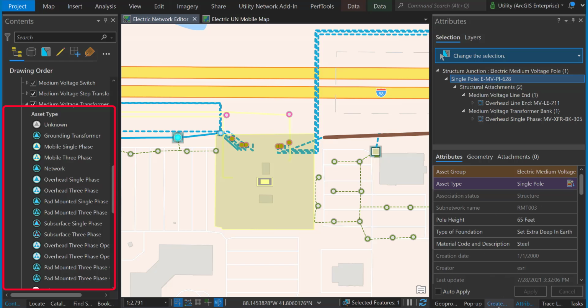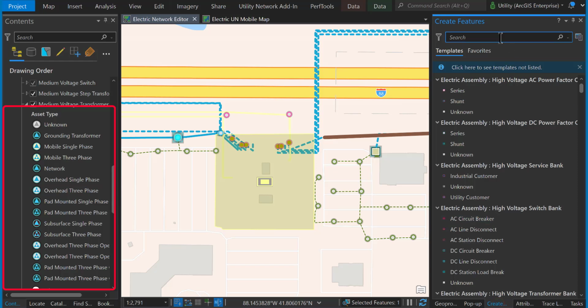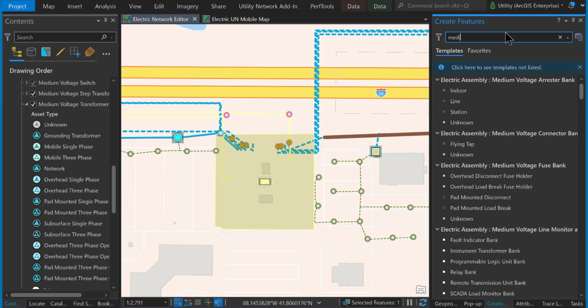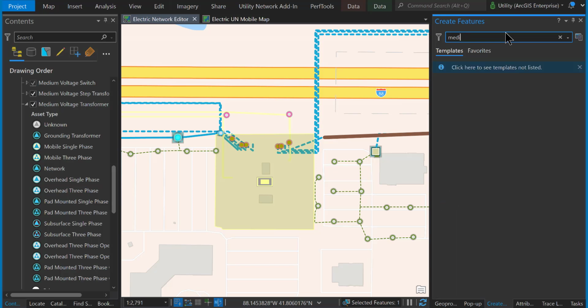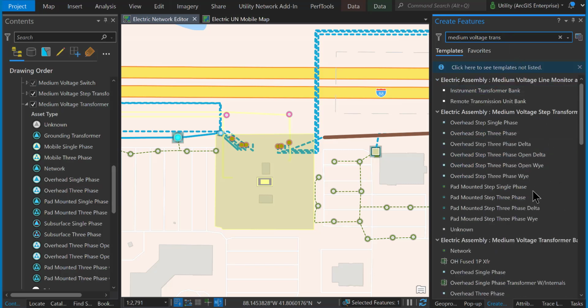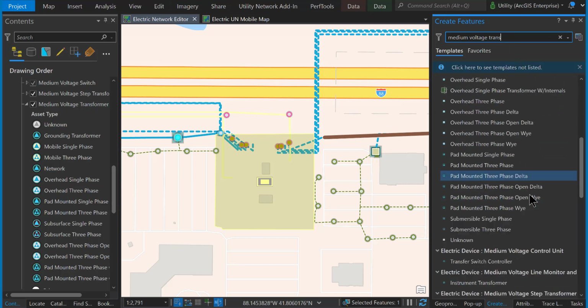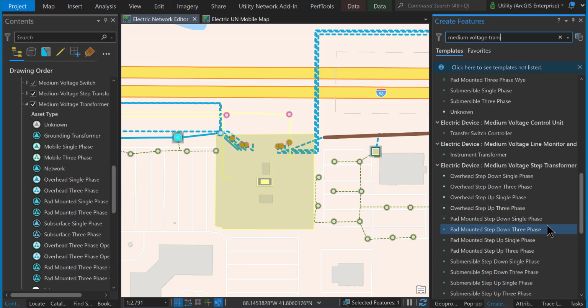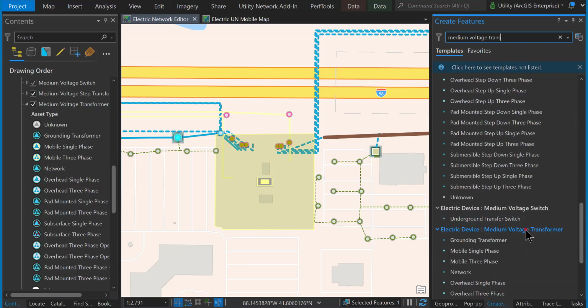So these utility network feature layers are drawn as subtype group layers. The advantage of that is if I had to create new assets, these asset types are represented as distinct layers, which increases the performance of your editing workflows because a single call is being made to the data source for the entire subtype group layer.